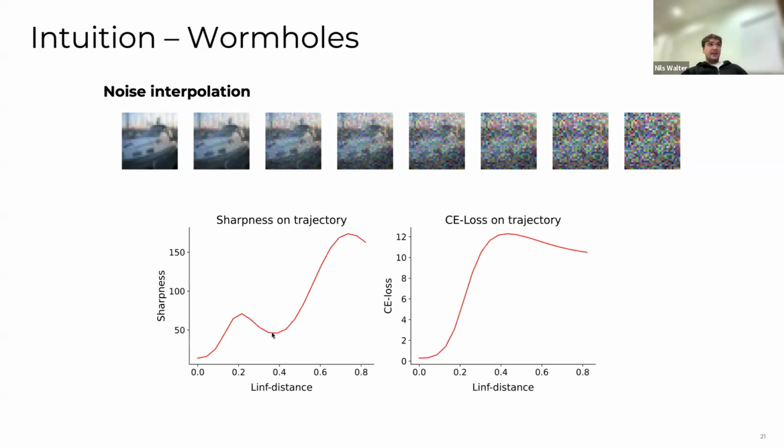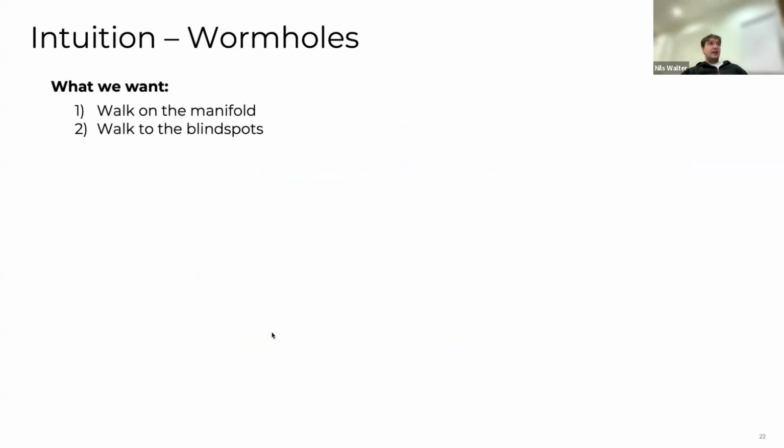The next idea, also looking a bit ahead, is that we want a nice mathematical description of how we can walk on the manifold and go to these areas which are properly covered by our data and these blind spots.